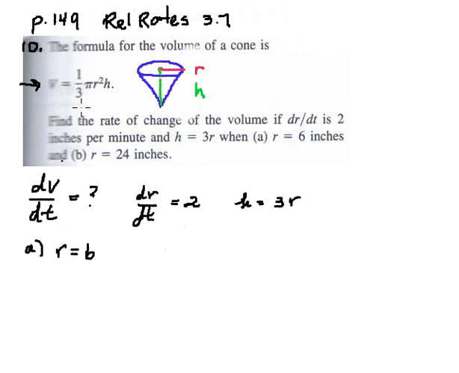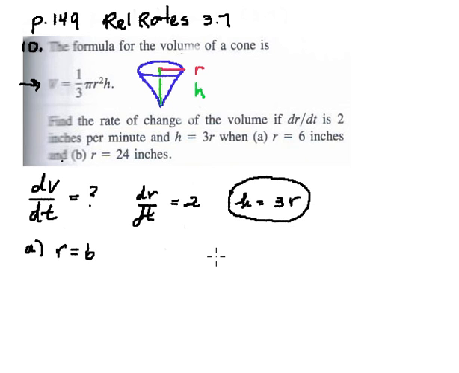If we differentiate the formula as is, then on the right hand side we have two variables, r squared times h, and we're going to have to use a product rule here. So let's avoid that by first eliminating one of the variables. We'll substitute in using the relationship that we're given, that the height is always equal to 3 times the radius.